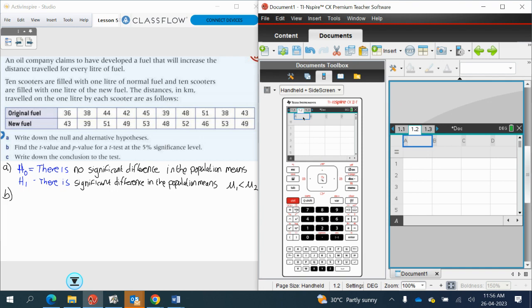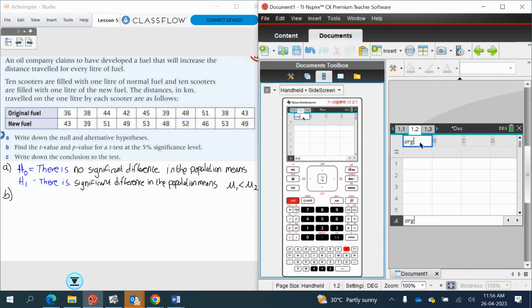We've got the original fuel, I'll call that ORG, and then we've got the new fuel: 36, 38, 44, 42, 45, 39, 38, 51, 33, 34. So we enter in the two sets of data.